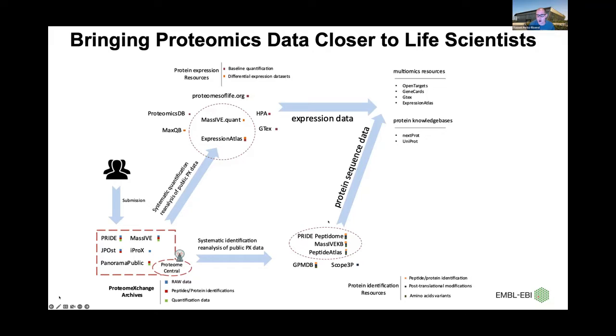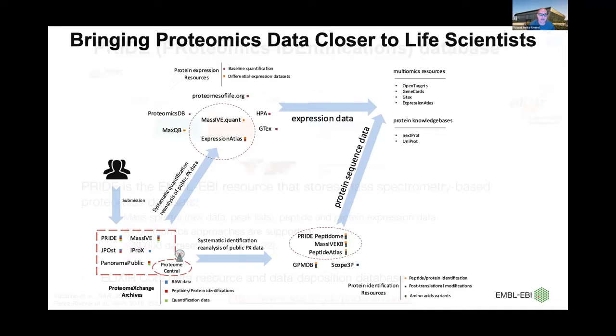And we also know the sequence databases like PRIDE Peptidome, MassIVE-KB, PeptideAtlas, and GPMDB that systematically reanalyze data. All this data is integrated in more generic databases, like Open Targets, Expression Atlas, neXtProt, and UniProt. We can talk about how this integration should happen in a better way, or how people can contribute to this integration.